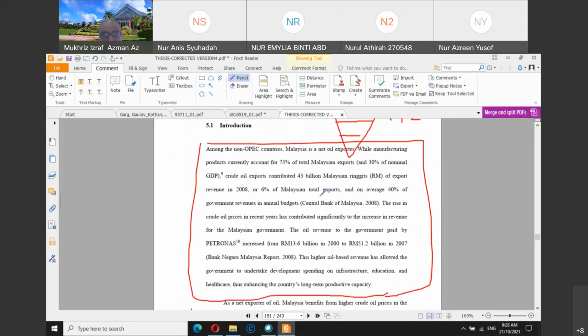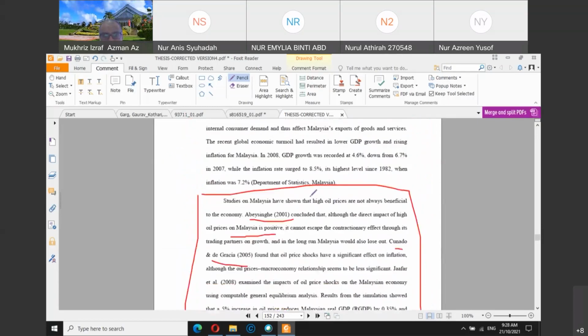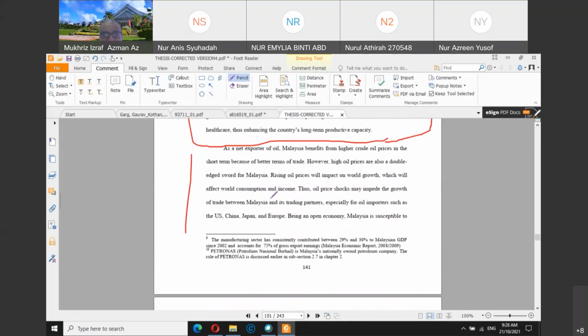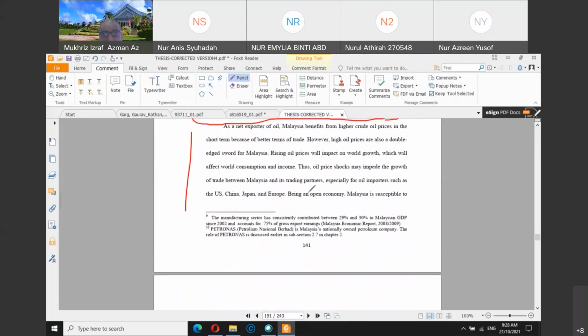Then the next couple of paragraphs will be you slowly developing and focusing on the issue you want to highlight, and not to forget, you need to start citing. Citing means referring to previous studies on similar issues, so at least you are not just writing too generally.